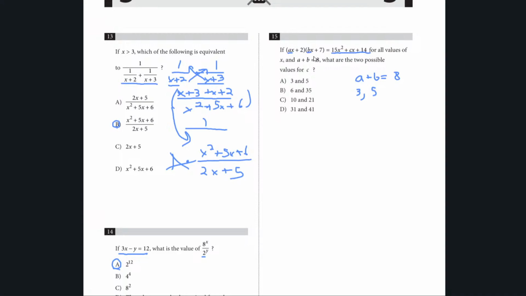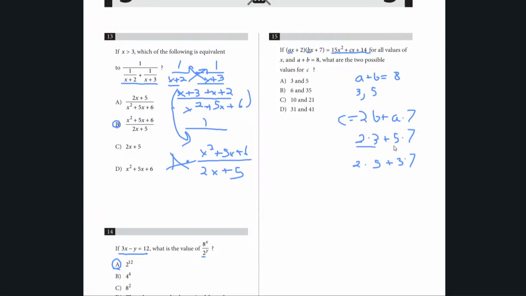C is going to be 2 times b plus a times 7. So if b can be 3 or 5 and a can be 3 or 5, we have 2 times 3 plus 5 times 7, or we have 2 times 5 plus 3 times 7.